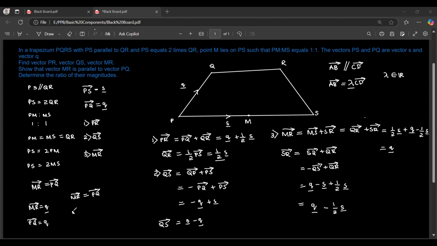This means MR is parallel to PQ. Determine the ratio of their magnitudes. Well, 1 is to 1. MR to PQ will be 1 is to 1. Keep this in mind. These are some of the questions that you can perform to understand how vectors work. Pretty easy, right?